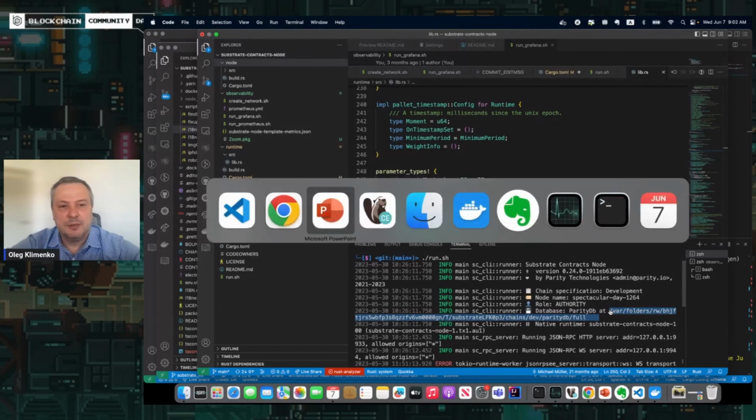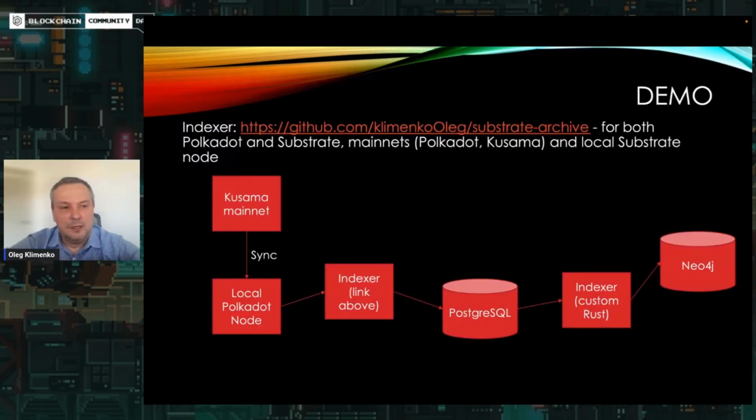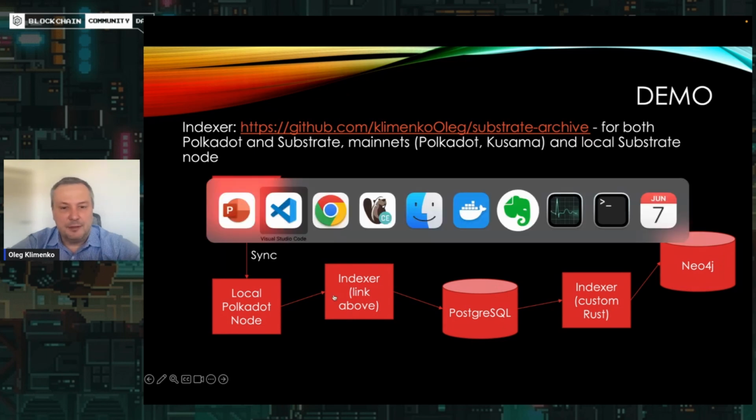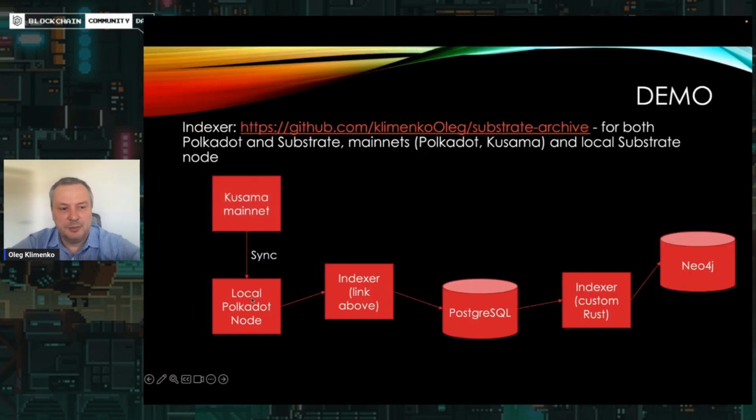Let's come back to the presentation. It works like this. I'm running a local node, and I'm running it now. The local node synchronizes all the information from mainnet. I'm connected to the Kusama mainnet, and I use this indexer. Again, it's available by link, and it's up and running now. The indexer uses this location from the running local node, which is connected to mainnet.